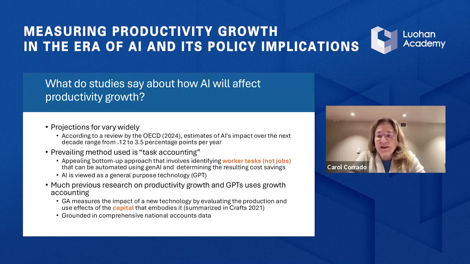So, AI and productivity growth: a task approach versus growth accounting. What do the available studies say about how much AI will affect productivity growth? Well, they vary very widely. According to a review by the OECD, estimates of AI's impact for the next decade range from 0.12 percentage points per year to 3.5 percentage points per year.